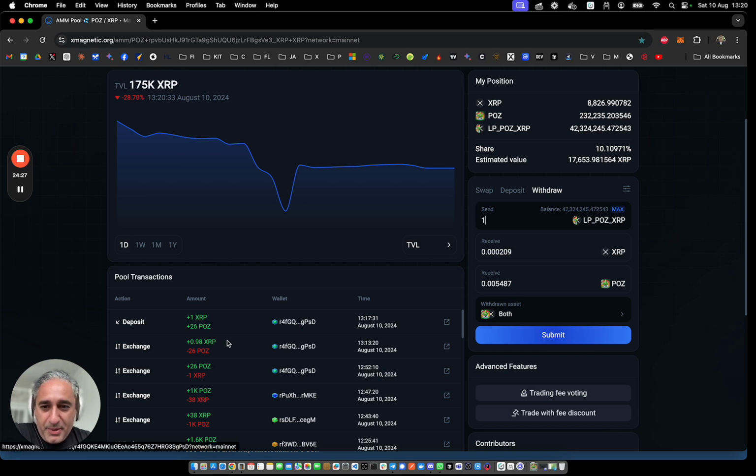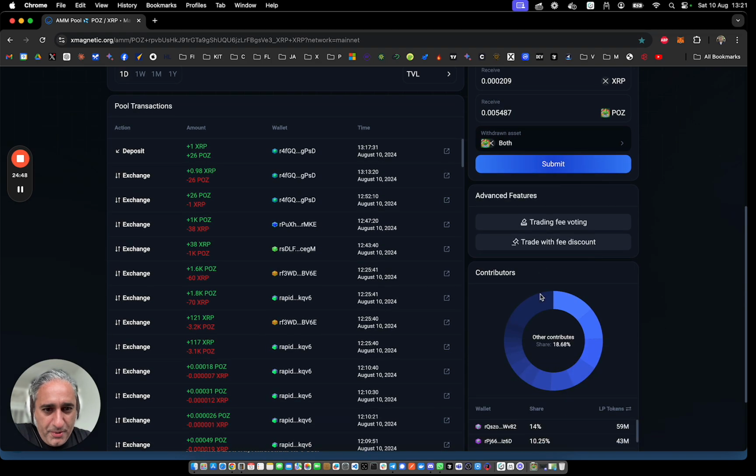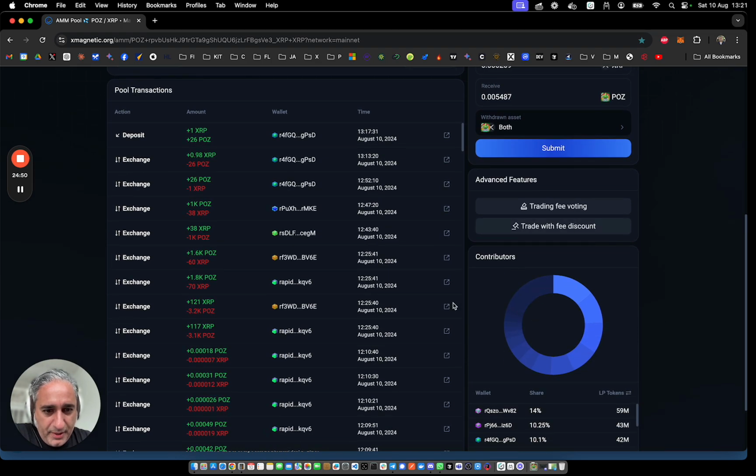Obviously, POS XRP is the main pool, the largest one in terms of liquidity, but I encourage the use of all of those pools responsibly for taking profits, which is the whole point of this kind of volatility harvesting at the end of the day. So I hope that's been useful.